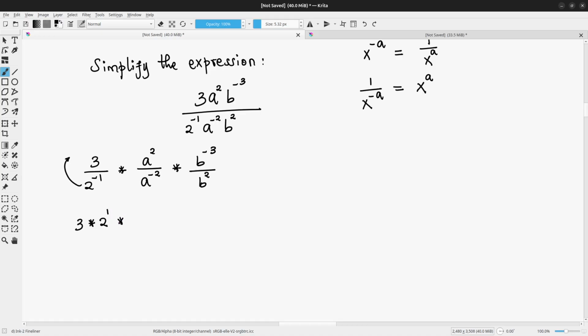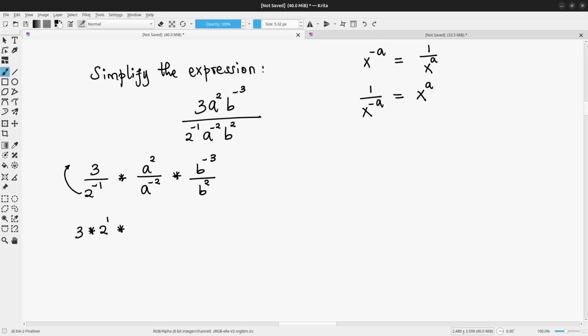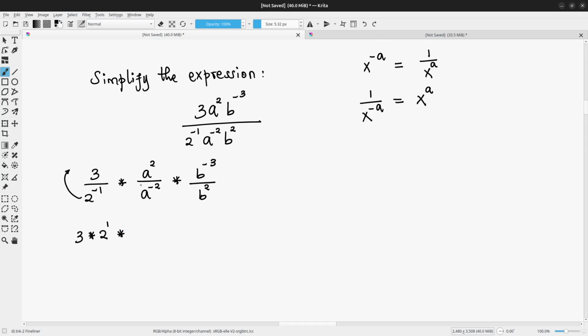And then times, for the a, we are also going to bring this a to the power of negative 2 to the top. So this will become a squared, which was already at the top, times a to the power of 2.